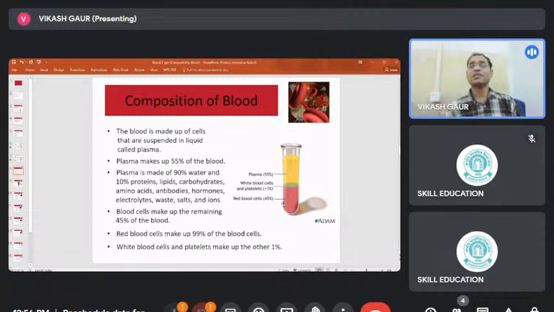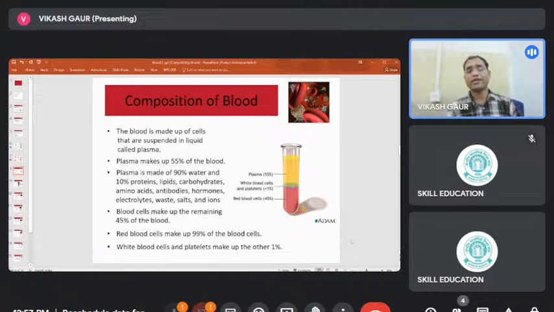Everything is in the form of nutrients or waste products, and plasma works as a transport medium for both of them. Blood cells make up the remaining 45% of blood.